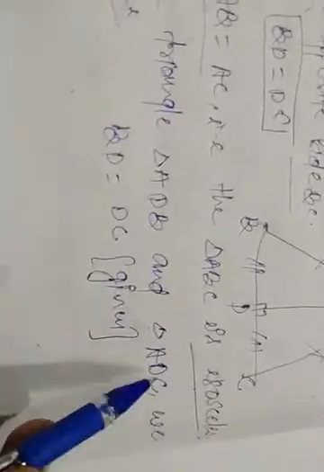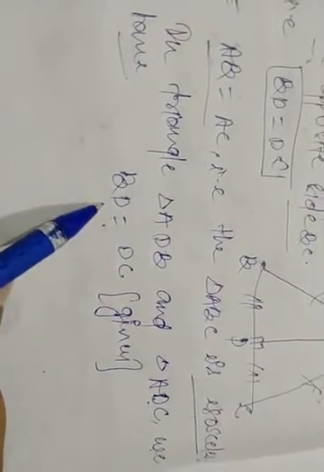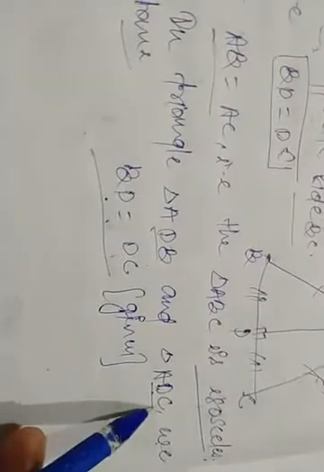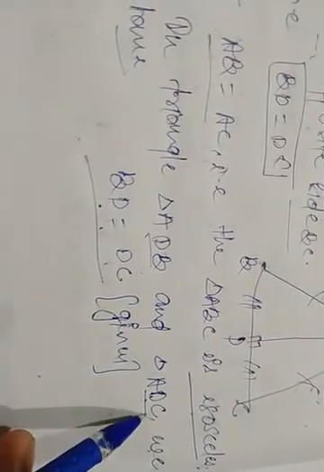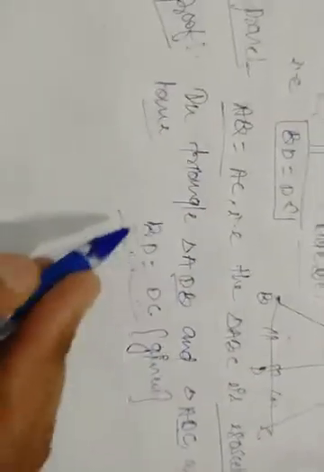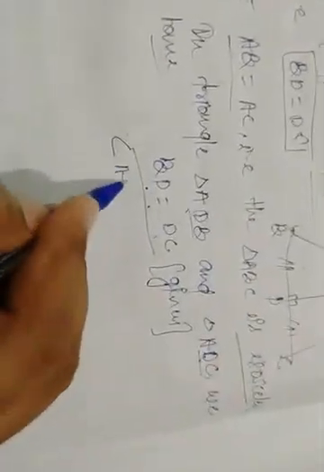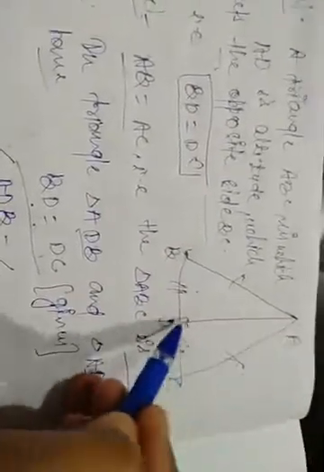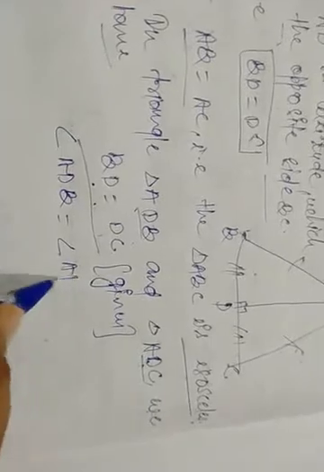Okay, in triangle ADB and triangle ADC we have what? BD is equal to DC. And what about angle ADB?